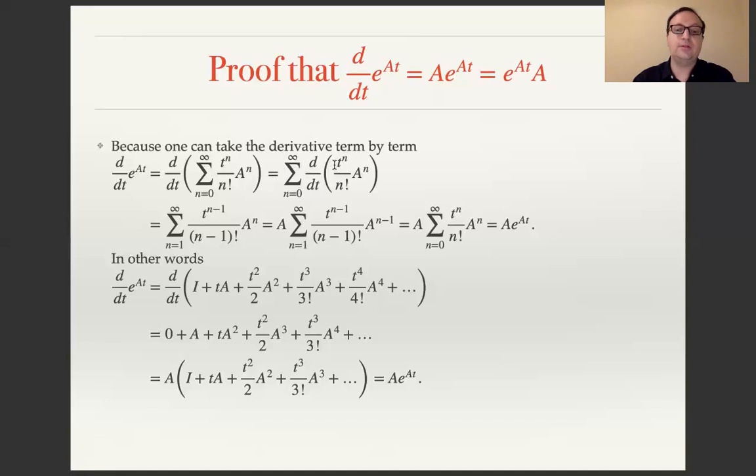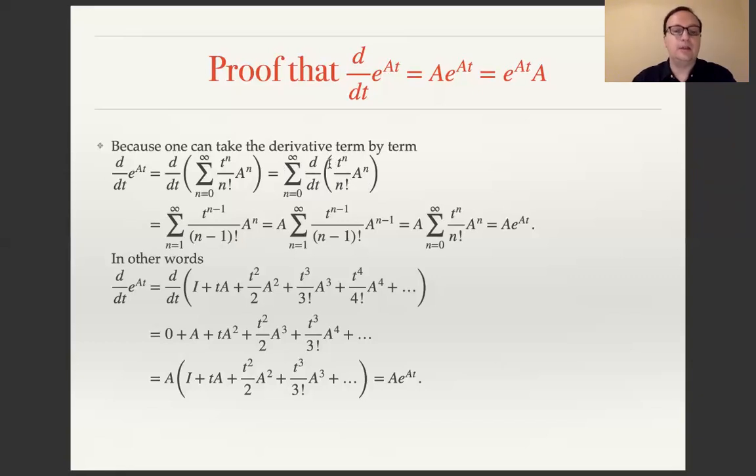But the derivative of t to the n over n factorial is t to the n minus 1 over n minus 1 factorial. And A to the n is constant, so it's not affected by the derivative. So the derivative of t to the n is n times t to the n minus 1.